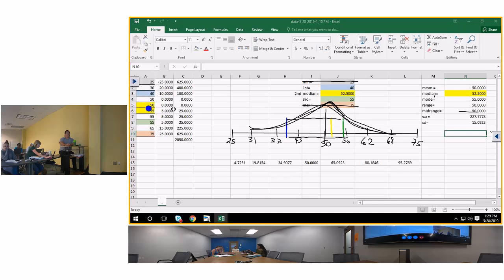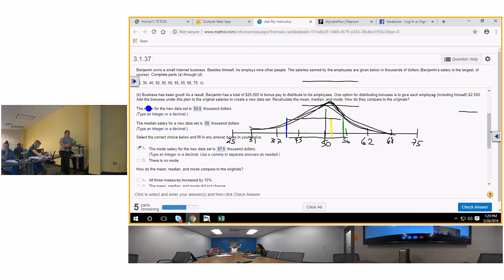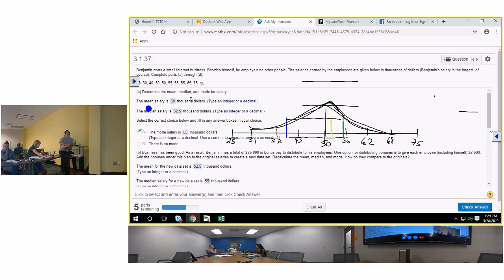Correct? Yeah. So what's 25 plus, let's say this is 25,000, isn't it? Let me go back and look. I don't want to mess it up. Benjamin, blah, blah, blah, so the salaries earned, okay, in thousands.